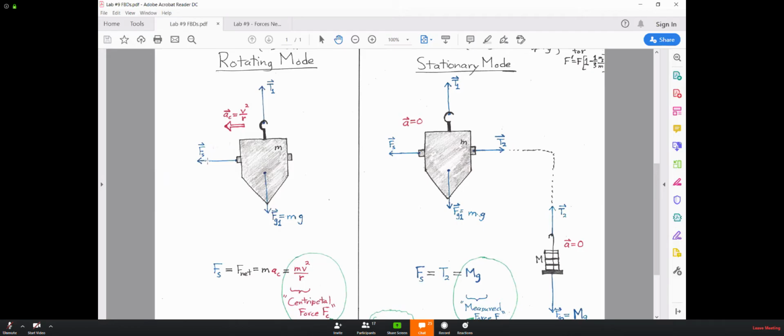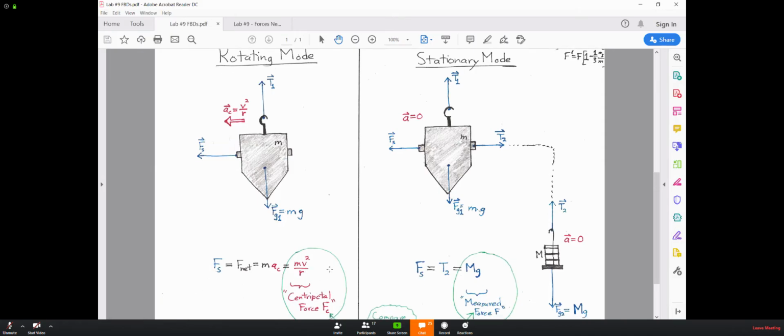So the horizontal spring force is the net force, and the net force has to equal mass times acceleration. So Fs equals ma, and we know that acceleration, this is what we're testing, is the red formula. Acceleration should be inward towards the center of the circle, like towards the spring basically, and v squared over r. So in the rotating arrangement, spring force is the centripetal force, mv squared over r.